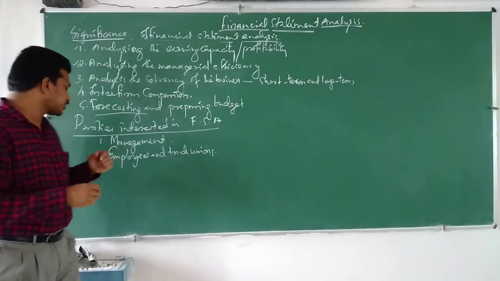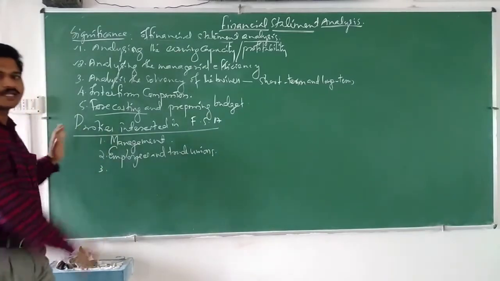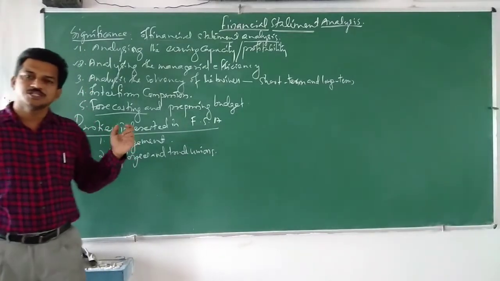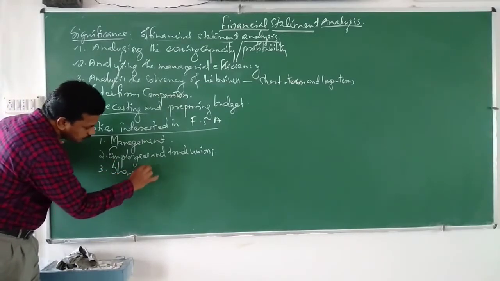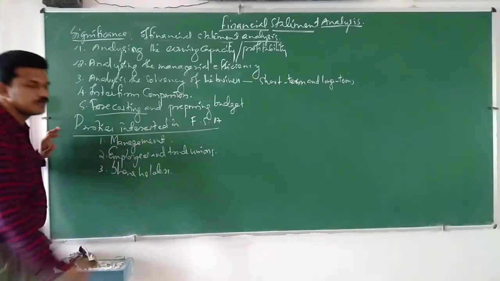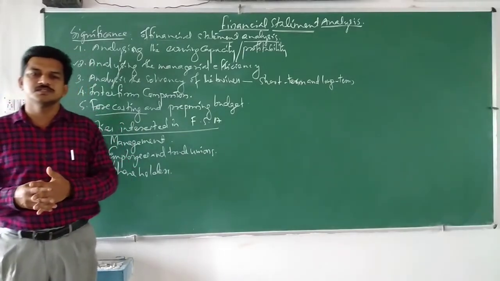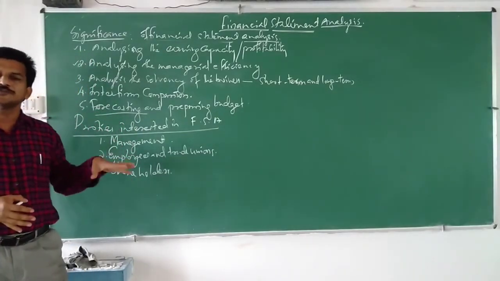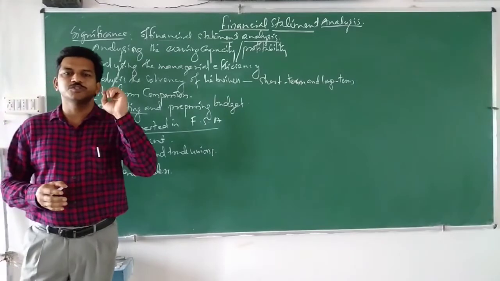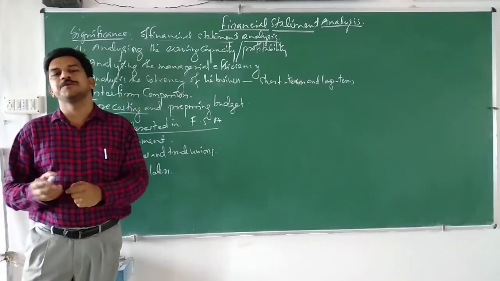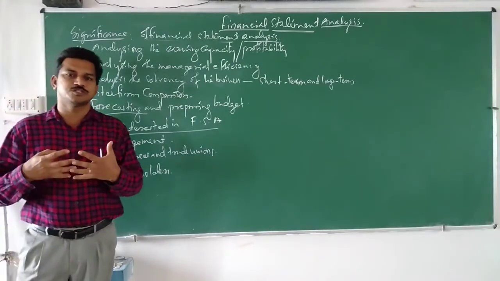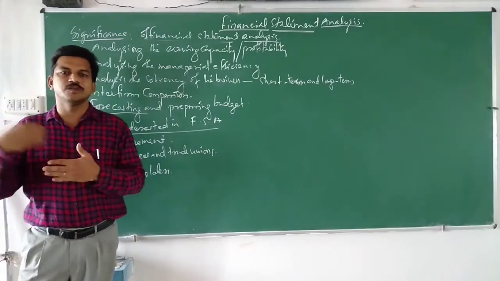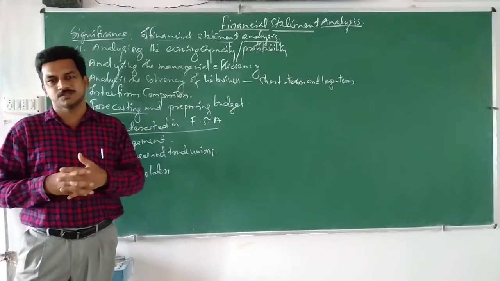Okay. The next category we can say is shareholders. Why do they have to analyze financial statements? They have to analyze the financial statements to find out what is the earning per share. Earning per share means what is the profit each shareholder will be getting for their shares.